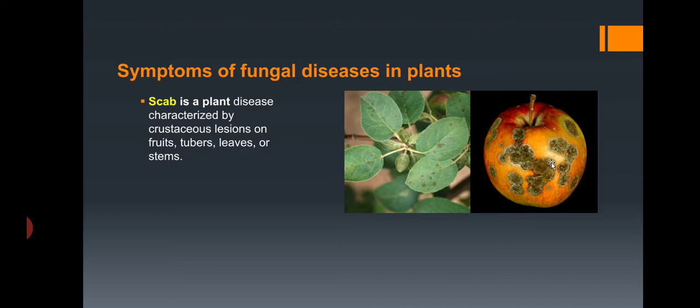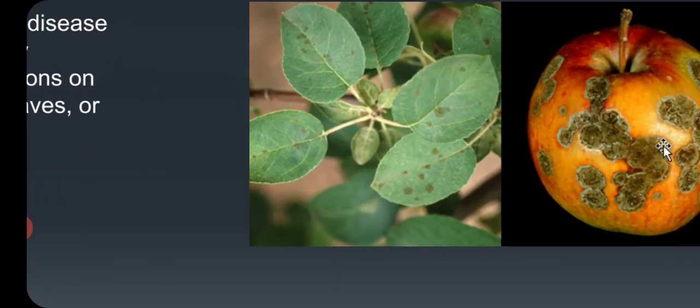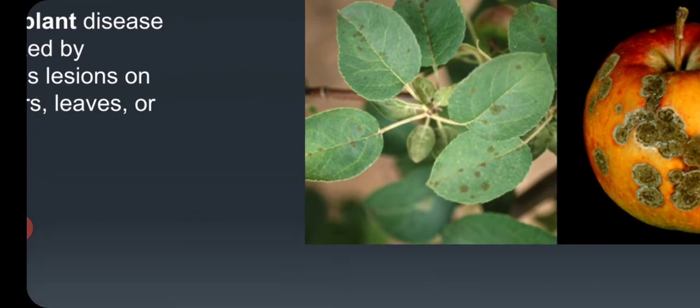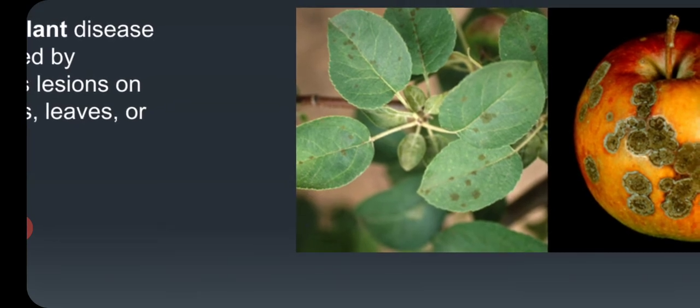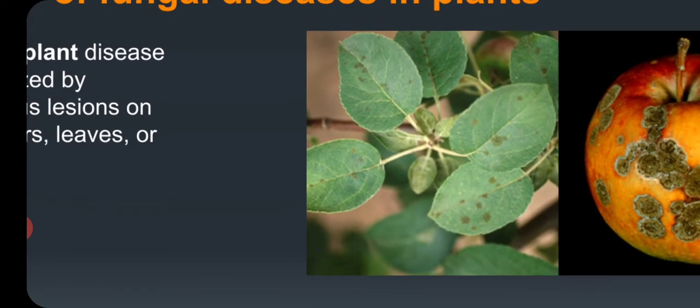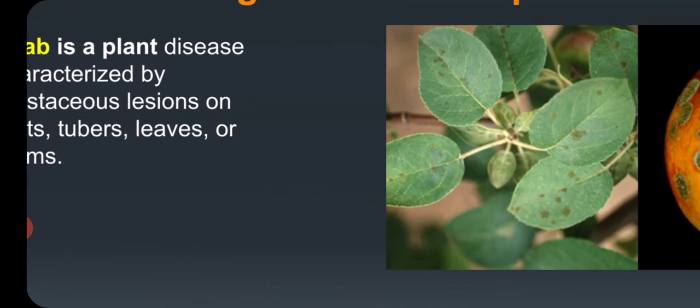Then next fungal symptom is scab. Okay. Scab, S-C-A-B, is a plant disease characterized by crustaceous lesions on fruits, tubers and leaves. Normally the scab occurs in Rosaceae plants. Here this is a rose plant leaf. We can see this particular scab.